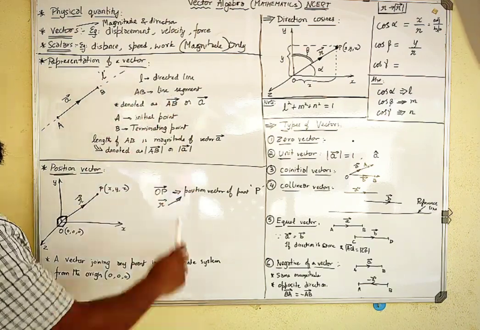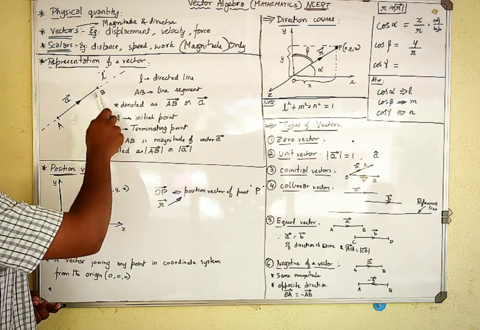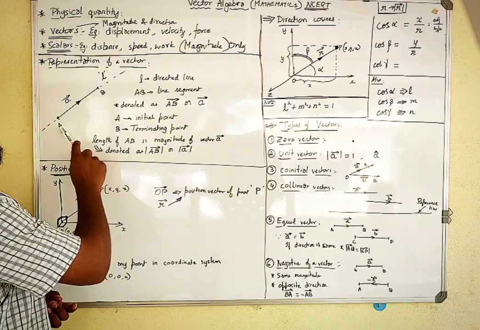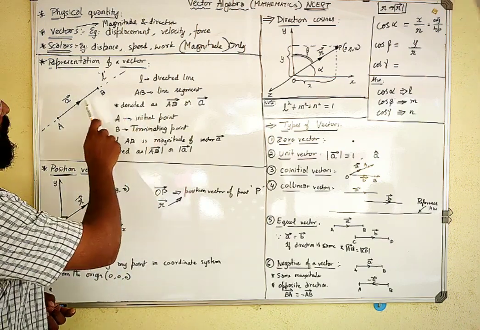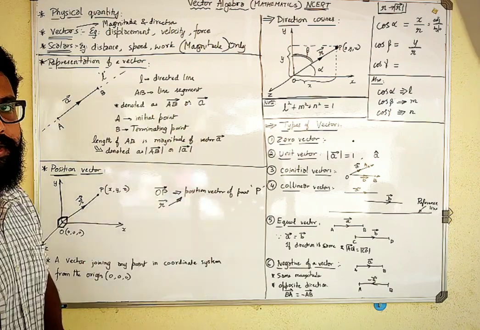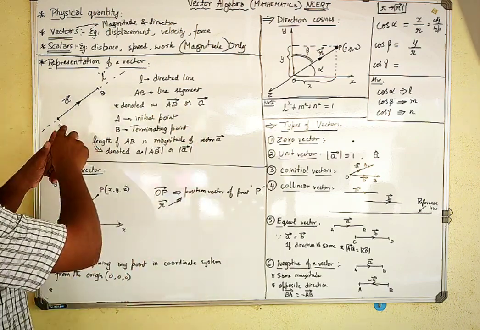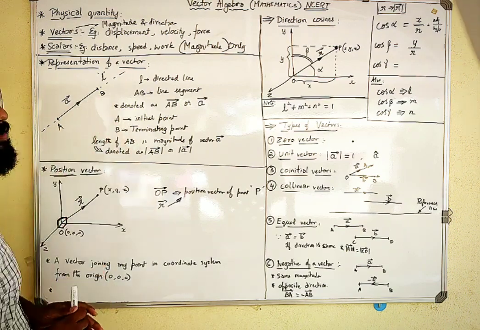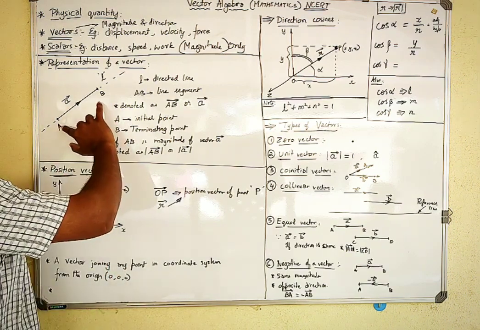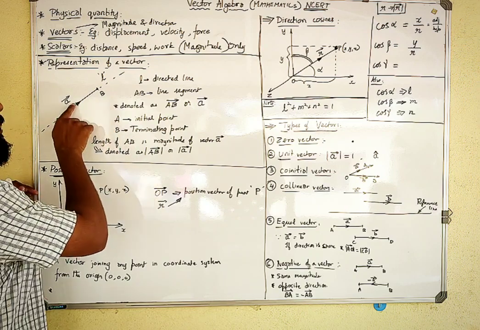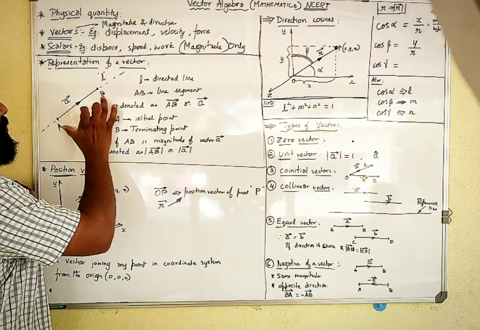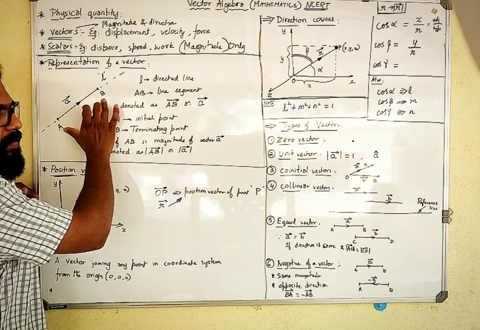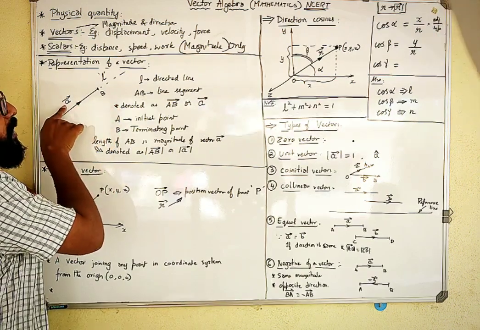After that, I will mark 2 points on that line, A and B. That line segment has an initial point and a terminating point of a vector. The line joining A and B, if I give a direction to it, forms a vector, that is the AB vector.